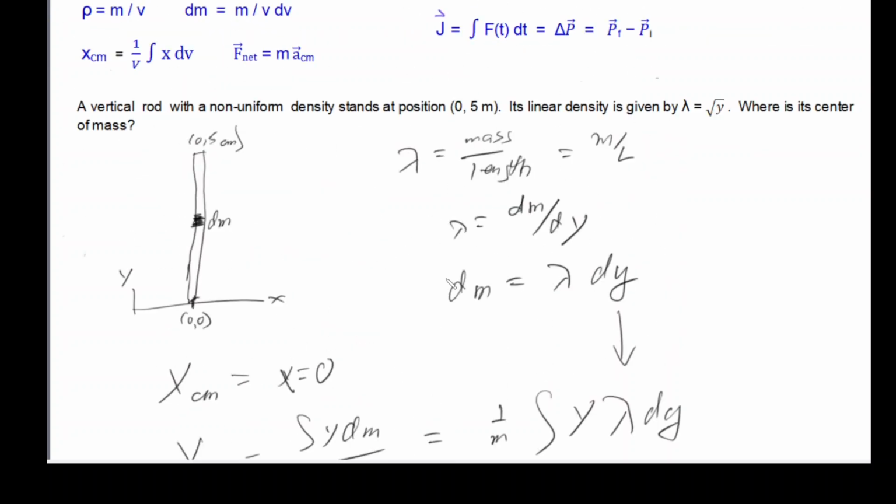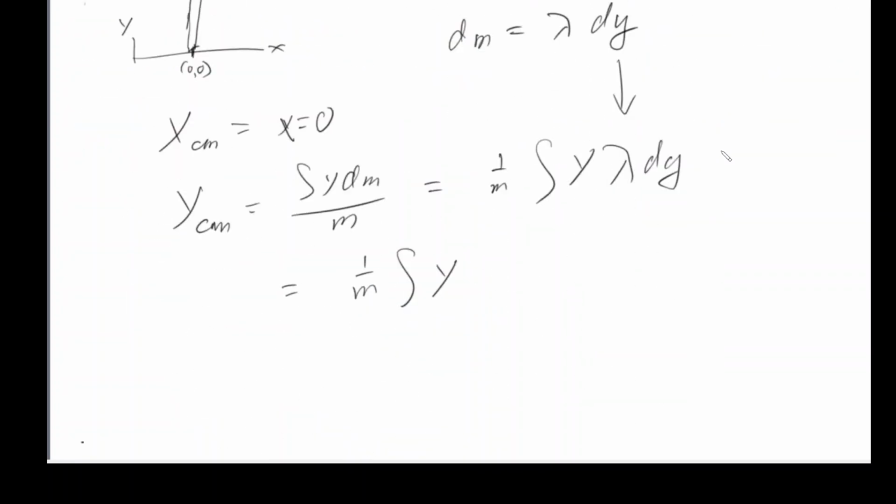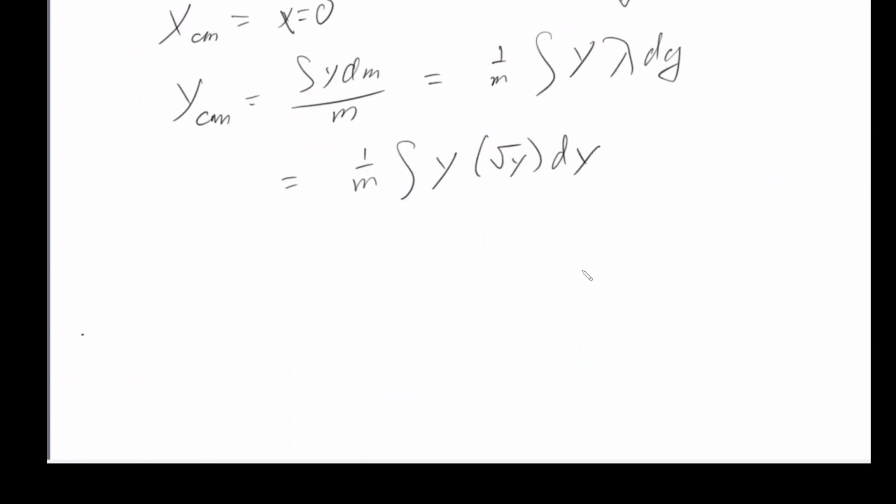And we're given that lambda is equal to the square root of y. So that would be square root of y dy, or 1 over m, the square root. Now y is equal to y to the 1/2, so this becomes y to the 3/2 dy.